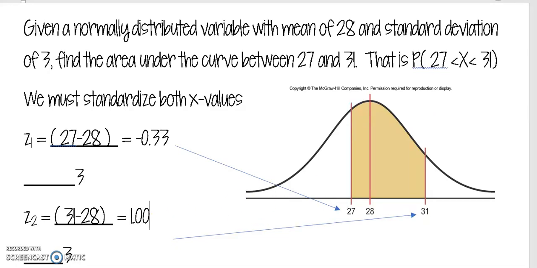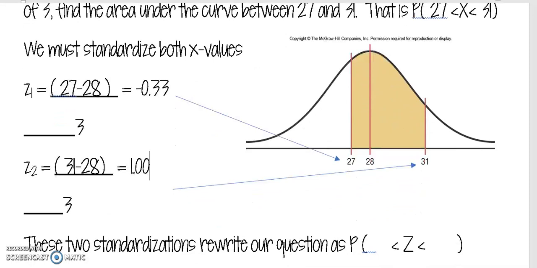So I have two standardized values of negative 0.33 and 1.00.